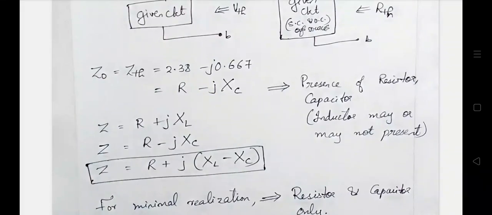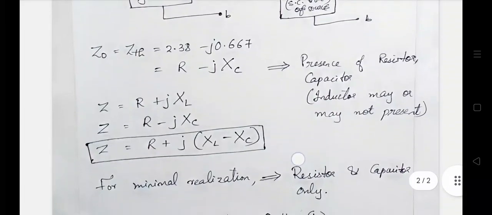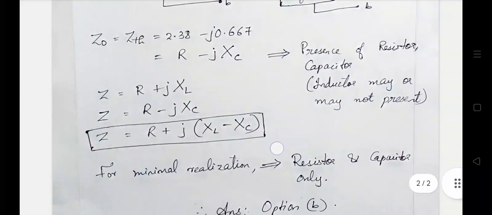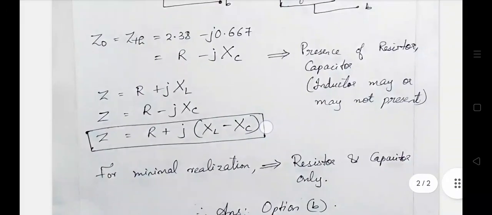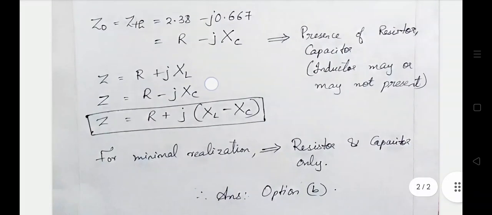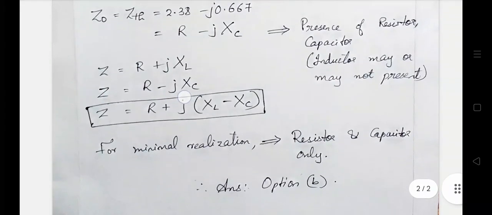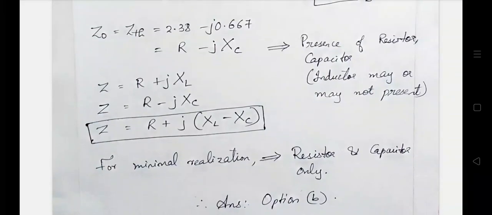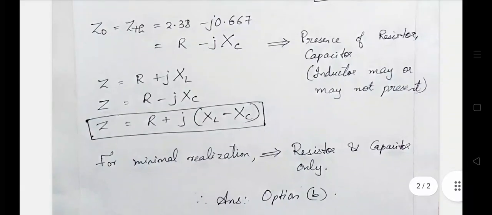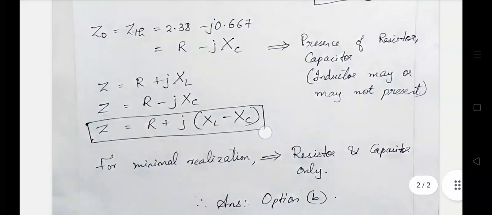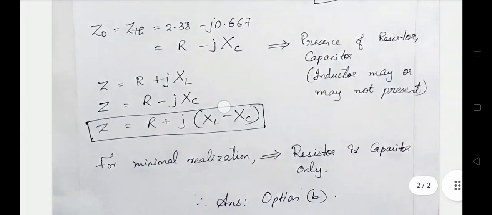The general formula of impedance is R plus j into (XL minus XC). When the capacitor is absent, the equation becomes Z equal to R plus jXL. When the inductor is absent, the equation becomes Z equal to R minus jXC. But if the inductive reactance is less than the capacitive reactance, then in effect the value will also be in the form of R minus jXC.